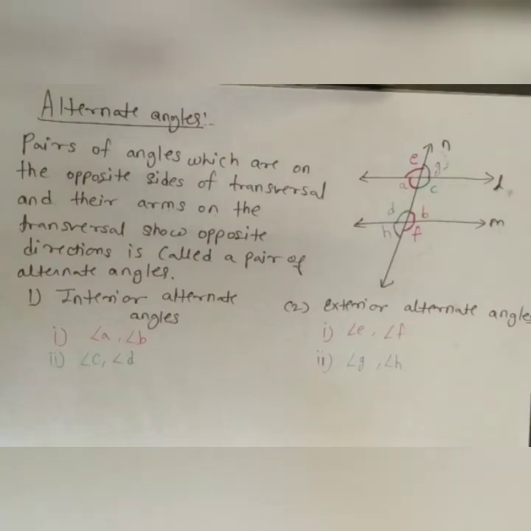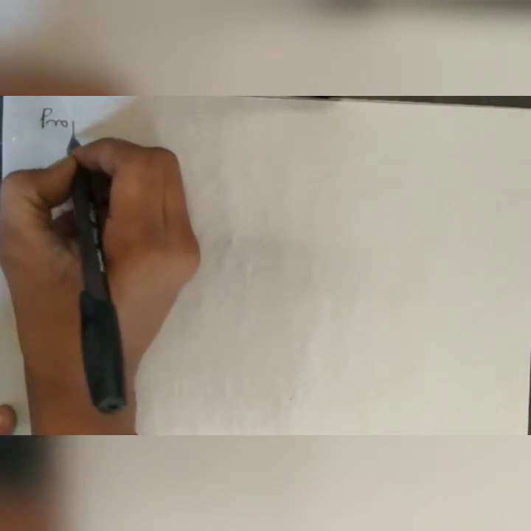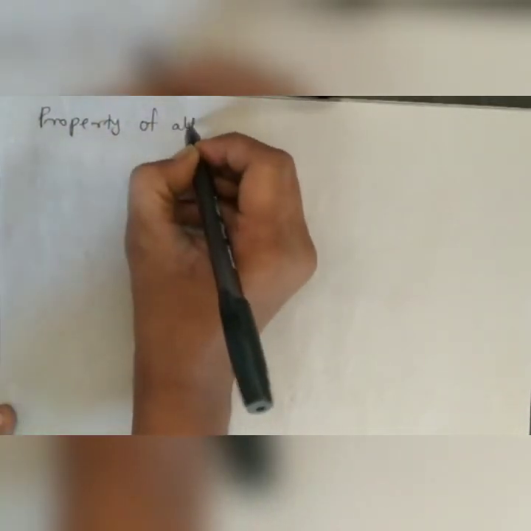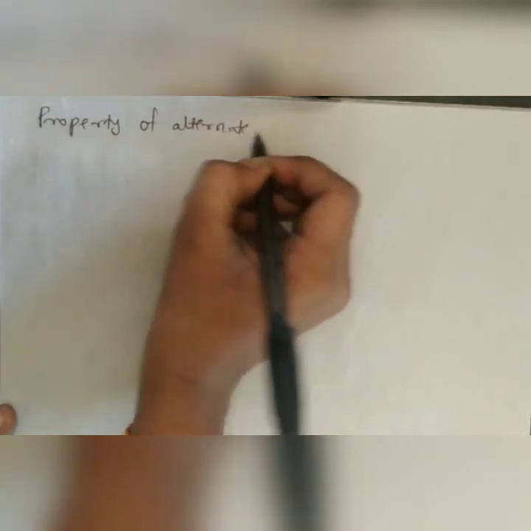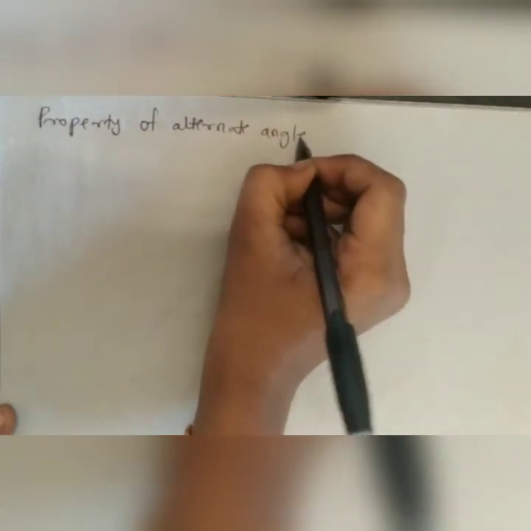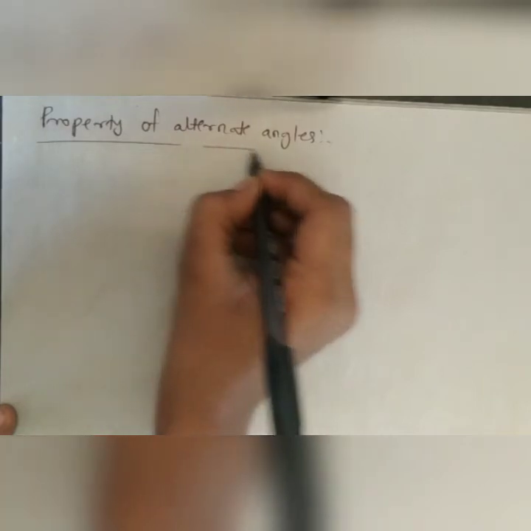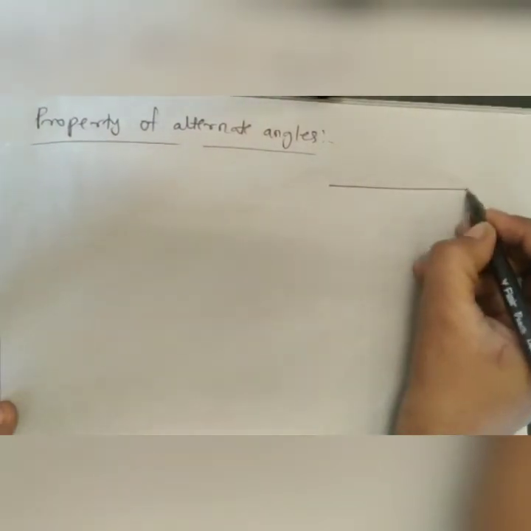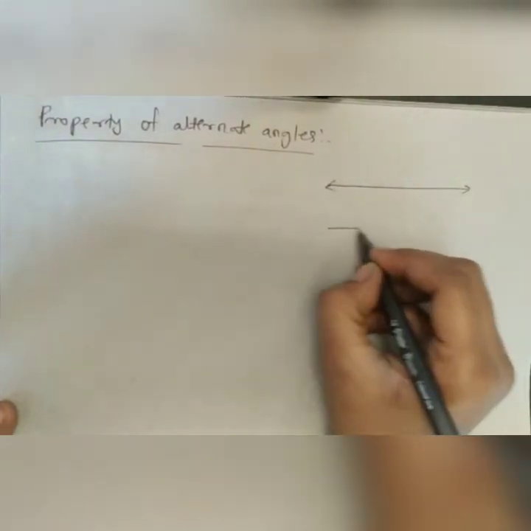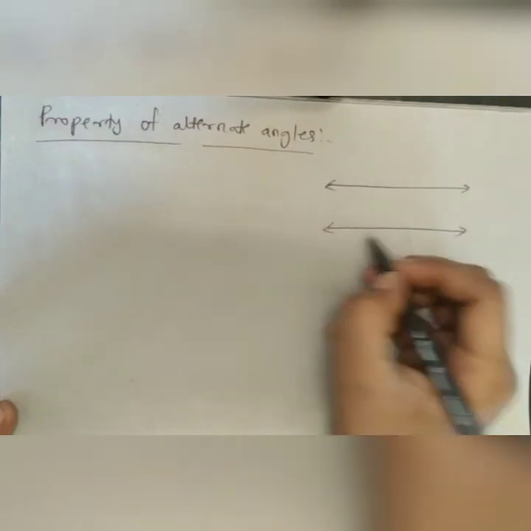Now we will learn the property of alternate angles. First, draw two parallel lines and one transversal line.